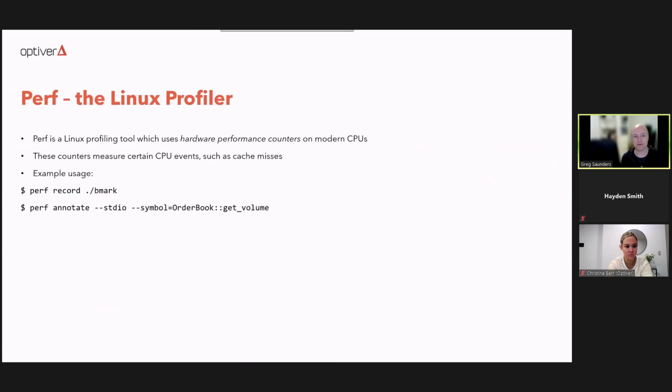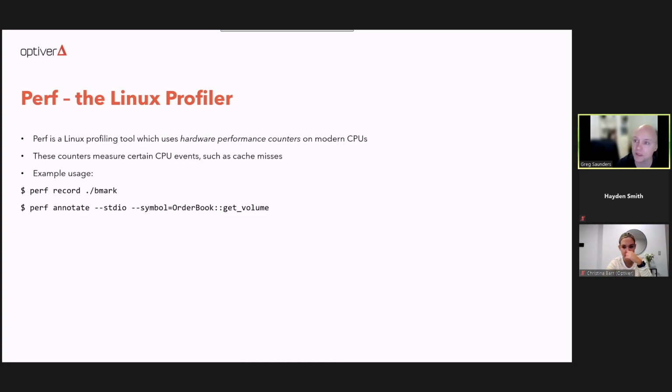In order to understand the CPU instruction running time of a method like getVolume, we need a profiler, and on Linux, there's a tool called Perf, which allows us to measure the running time of specific instructions. The way that it does that is it uses something called hardware performance counters, which are a feature of modern CPUs, where the CPU counts every time a certain kind of event occurs.